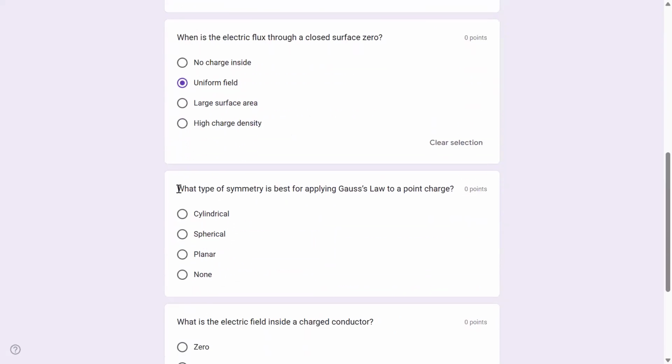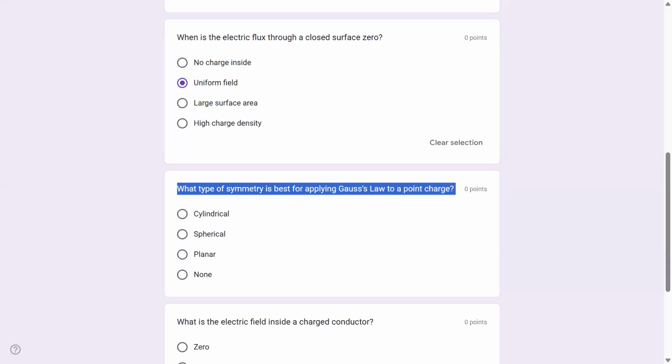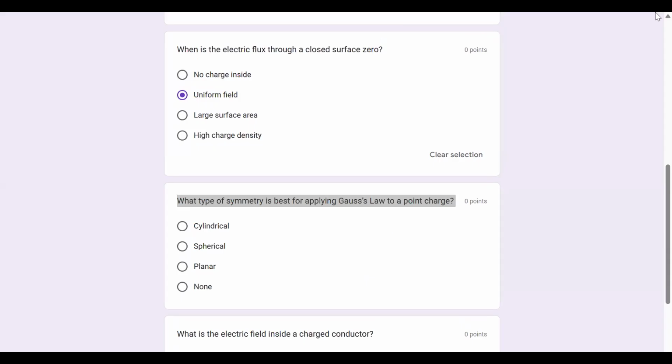What type of symmetry is best for applying Gauss law to a point charge? We have to apply the type of symmetry that makes the calculation very simple, so we look for high symmetry, because we can encounter low symmetry also. Option B, yes, correct.